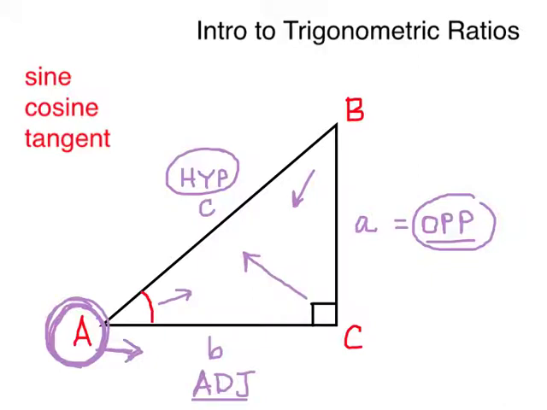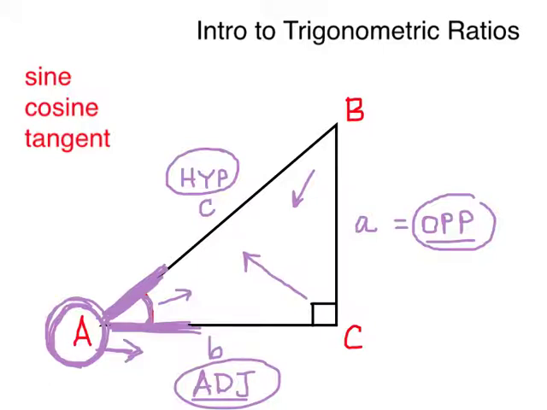It's important to know that adjacent means next to, so there's actually two sides that are next to angle A, but we can't call this one the adjacent because that one has to be called the hypotenuse. So you'll always know that the other one's the adjacent, even though technically they're both adjacent to angle A. It's adjacent because it's next to angle A, and we're only talking about adjacent and opposite being the legs. The hypotenuse has to stay the hypotenuse.